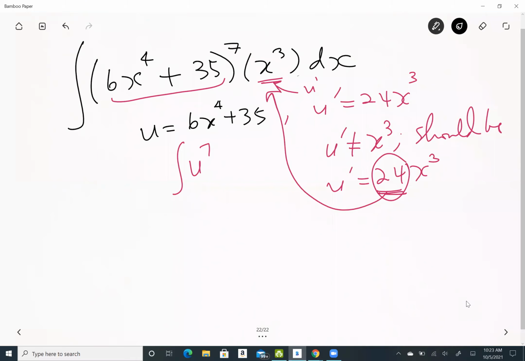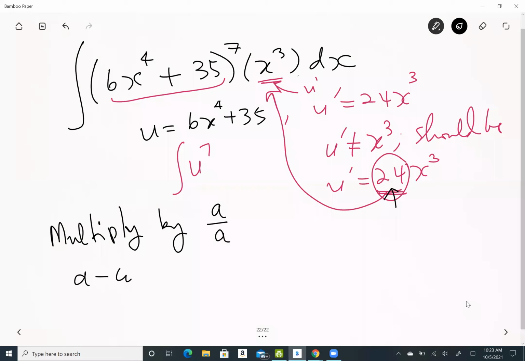What you have to do is, here we are short by some constant. So we can multiply by a ratio of constants. Let's say we call it a over a, where a is a constant.